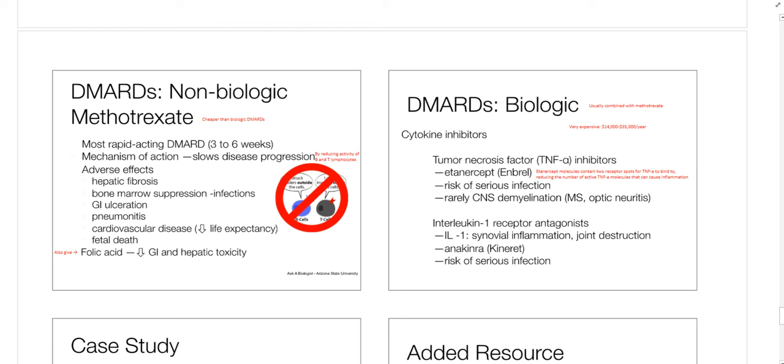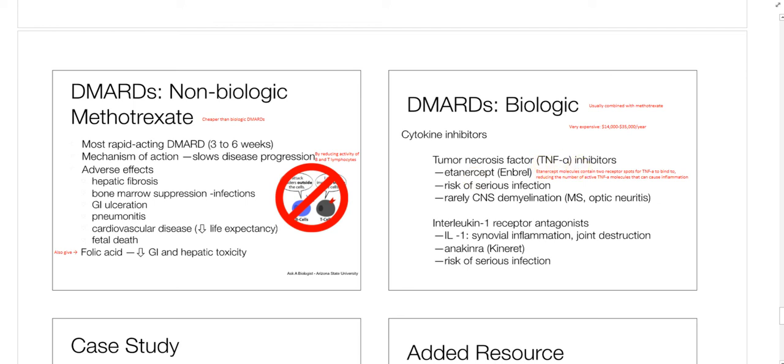And then we have our cytokine inhibitors, and cytokines, again, are those that help to promote that inflammation and immune response. So we've got our tumor necrosis factor alpha and our interleukin-1. Each one has their own medication. So etanercept is the one that we use to try to inhibit TNF alpha.